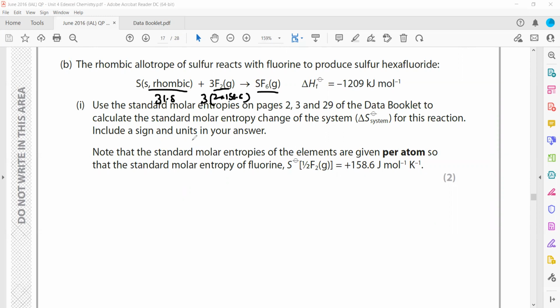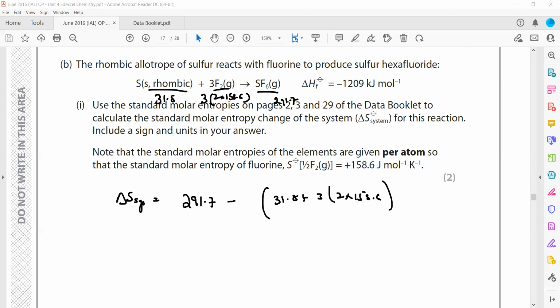And for the product, one molecule of SF6 is there, 291.7. Then to get the entropy change for the system, products minus reactants: 291.7 minus the reactants, 31.8 plus 3 into 2 into 158.6.